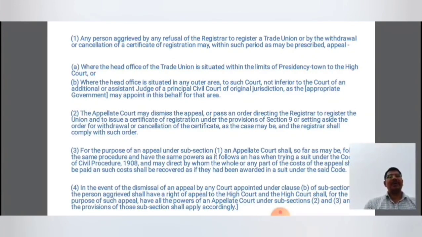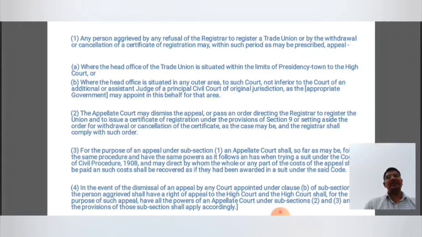For the purpose of an appeal under the subsection, there are various procedures to understand, and if those procedures are followed, it will be helpful in reissuing the certificate.